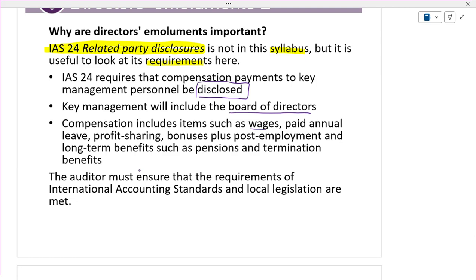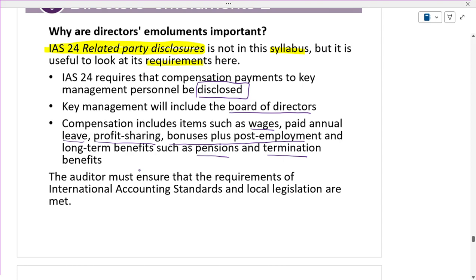Wages, annual leave, encashment of annual leave, any profit sharing, any bonus, plus any post-employment benefits. If you are working as a director, after retirement also you will get some partial benefits and some long-term benefits such as pensions, and any termination benefit.